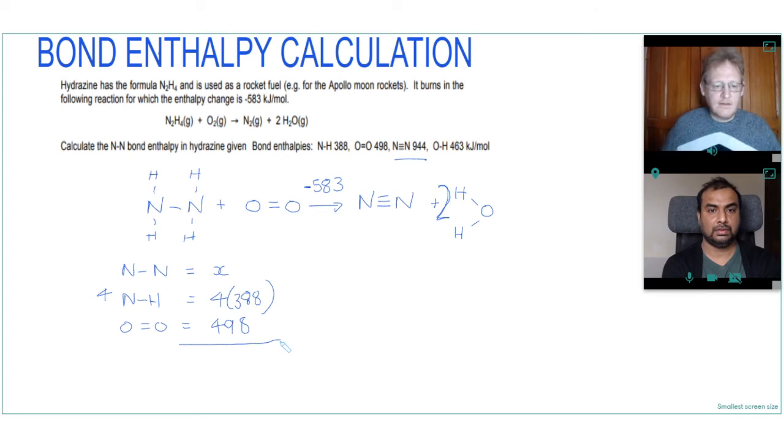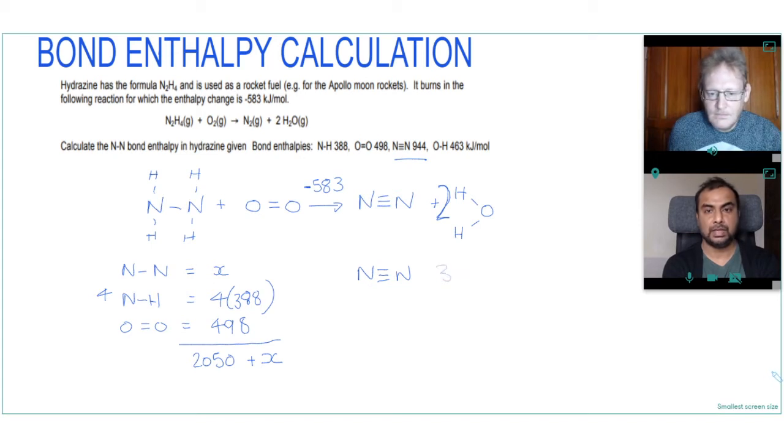And then we can add all that up. 4 times 388 plus 498 is 2050 plus X. And then let's have a look at the products. So we've got a nitrogen triple bond, which is... Oh, wrong one again.